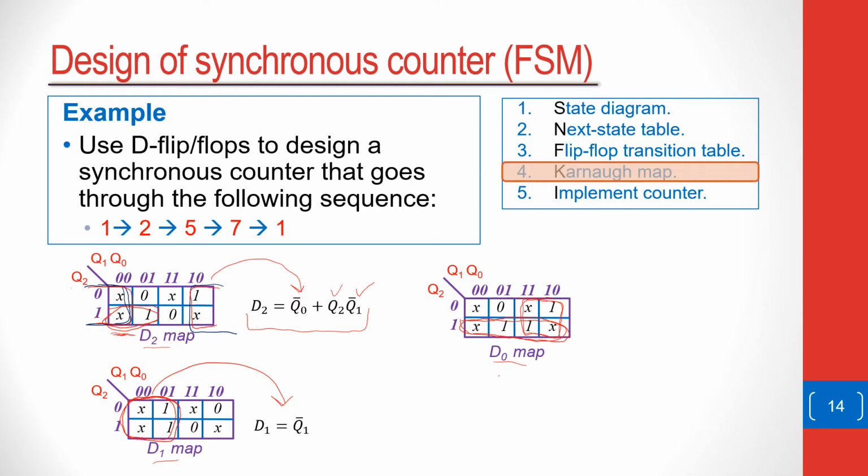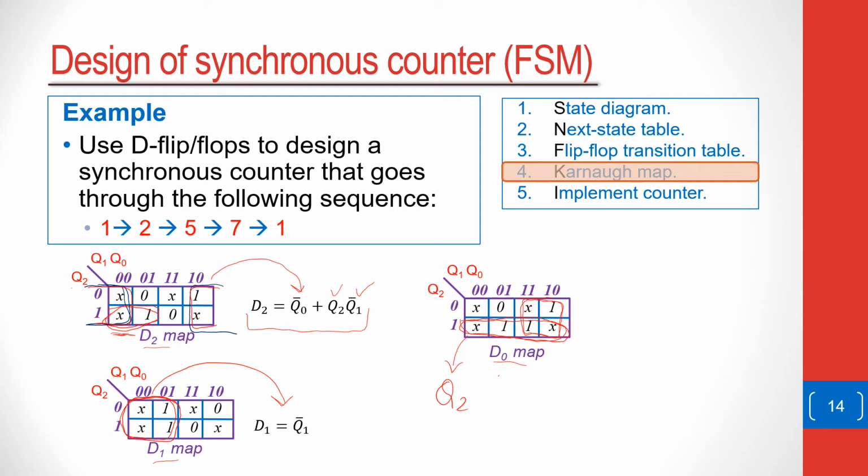As you move through this group, Q1 and Q2 and Q0 change. Between these two, Q0 changes from 0 to 1, so Q0 is eliminated. Between these, Q1 changes from 0 to 1, so Q1 is eliminated. But what you do remain with is Q2, which is high.